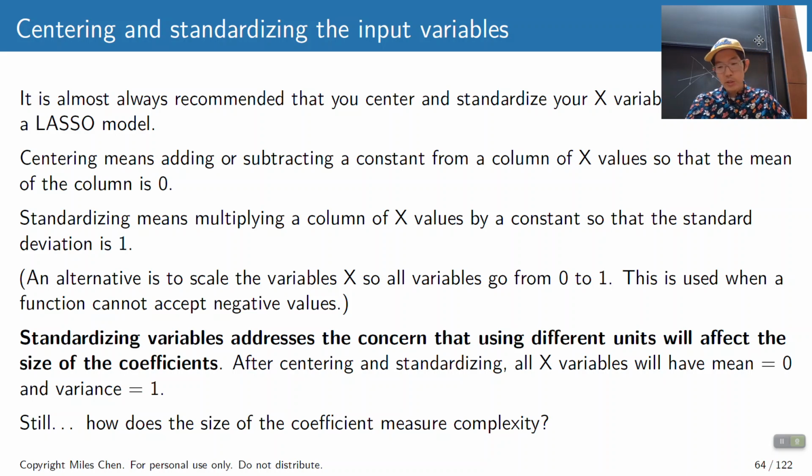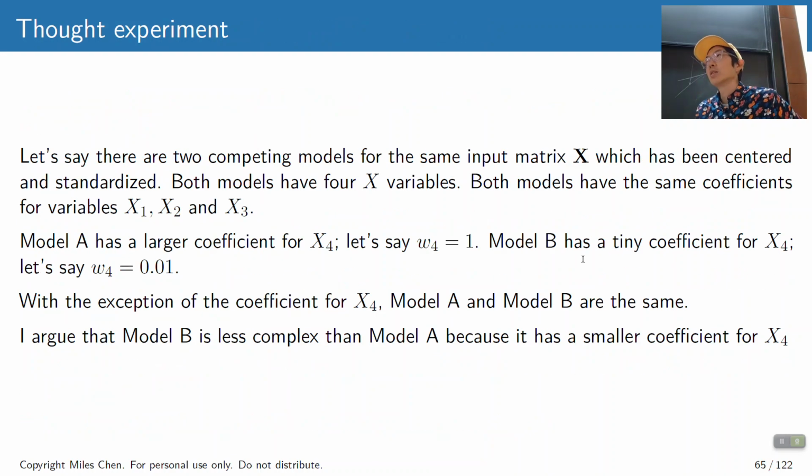All right, but still the other part, which is like, okay, why would bigger coefficients still mean more complexity? Okay, and so here's a little thought experiment that I want us to talk through. Let's say we have two competing models. They both use the same input matrix X, and that matrix X has been centered and standardized.